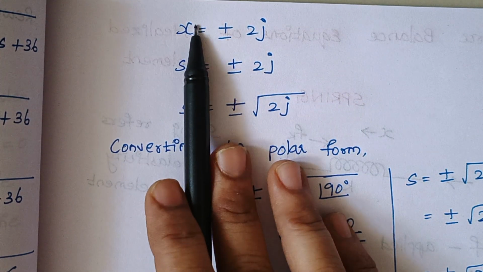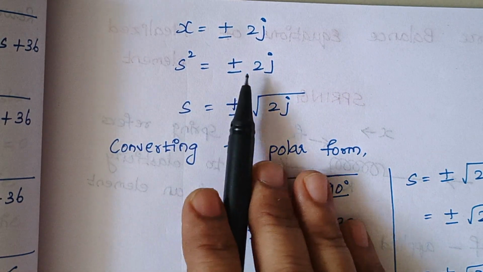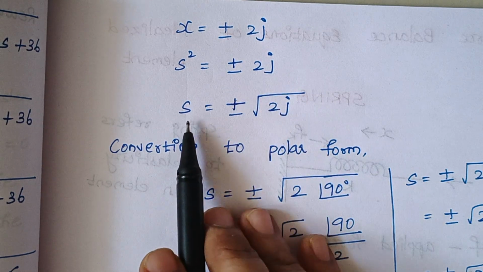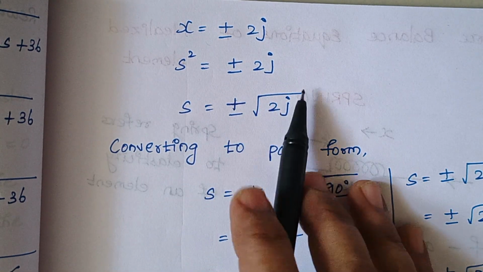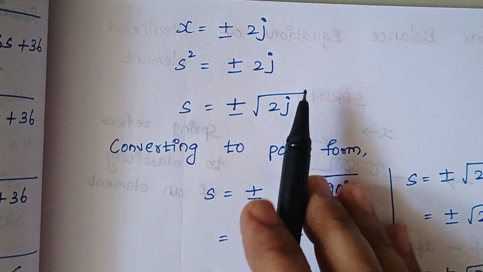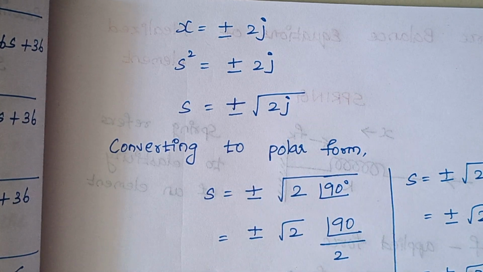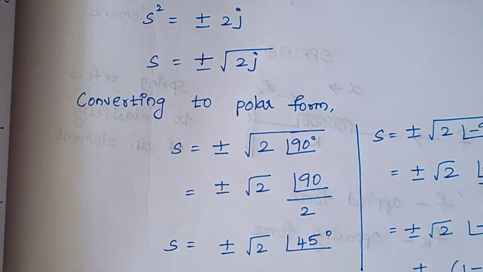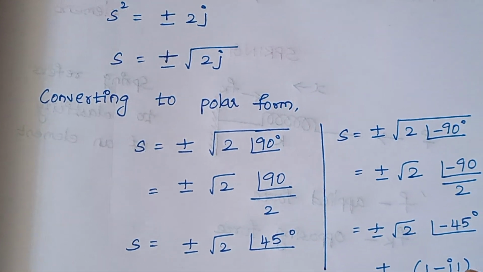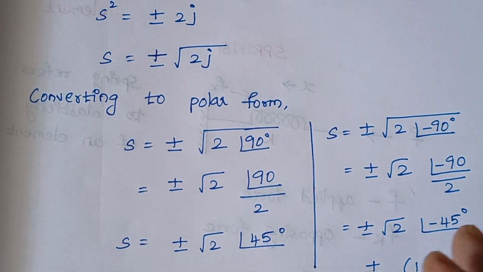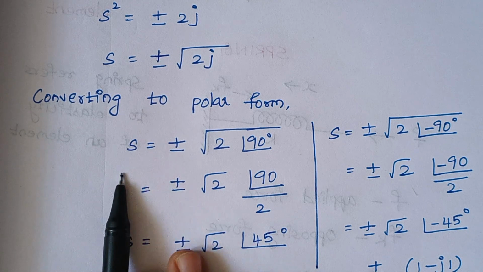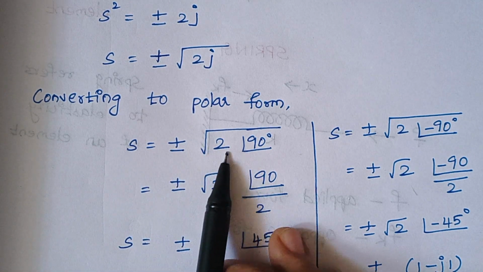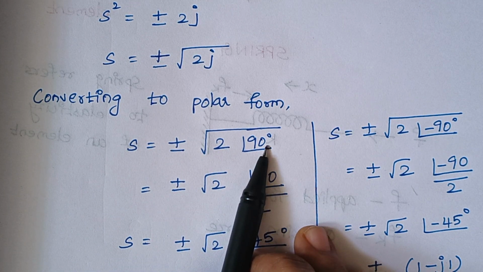So the x is nothing but s square. So s square is plus or minus 2j, and again s is nothing but square root of, that is plus or minus square root of 2j. Again I am converting this into polar form, right? So here this is s equal to plus or minus square root of 2 with an angle of 90 degree.